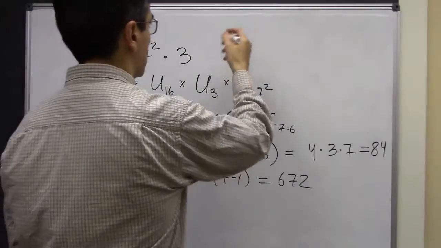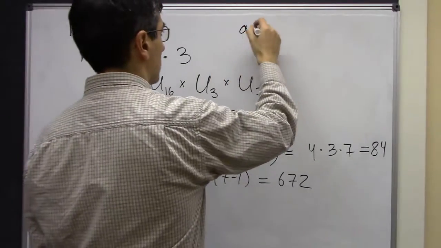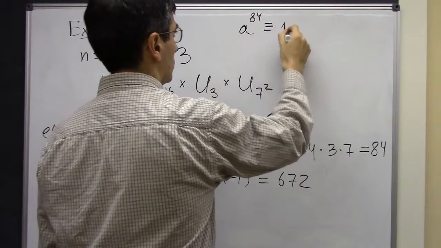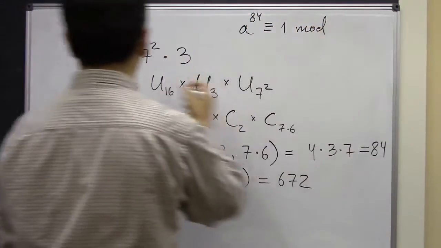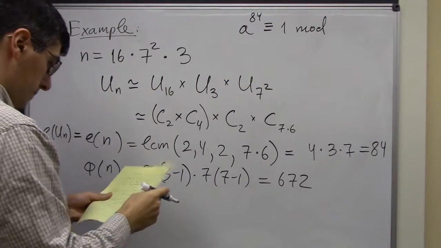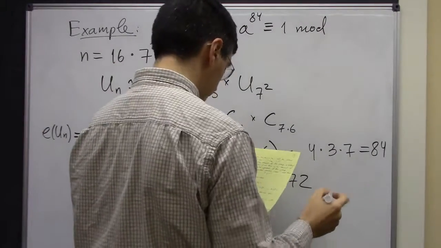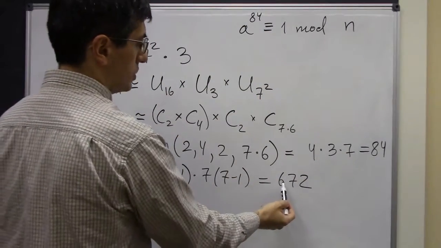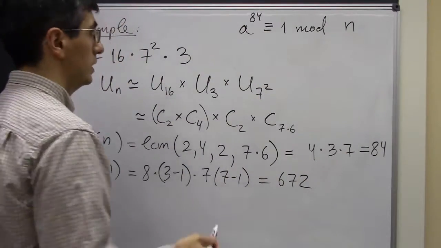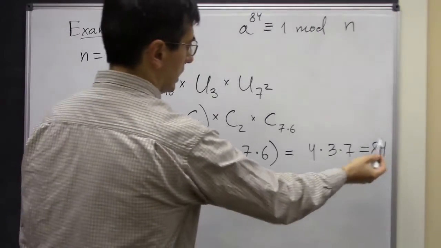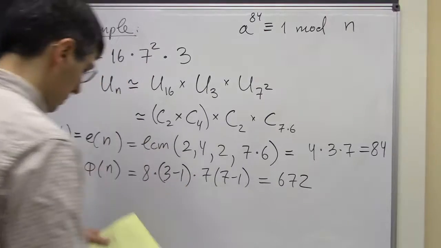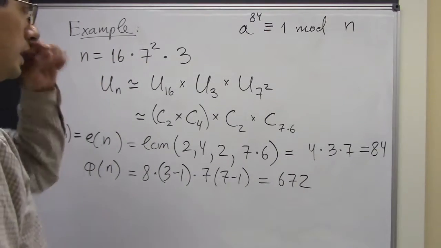And the conclusion, the generalization of Euler's theorem, would be that a^84 is congruent to 1 mod whatever this n is, instead of a^672. And you can easily check that 84 divides 672.